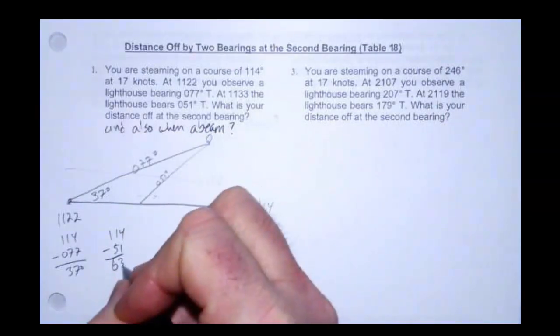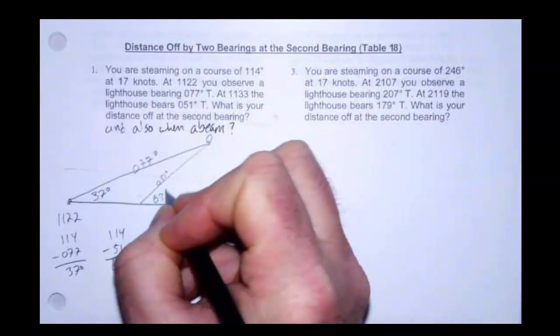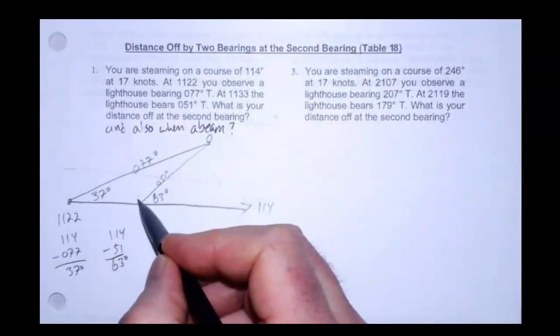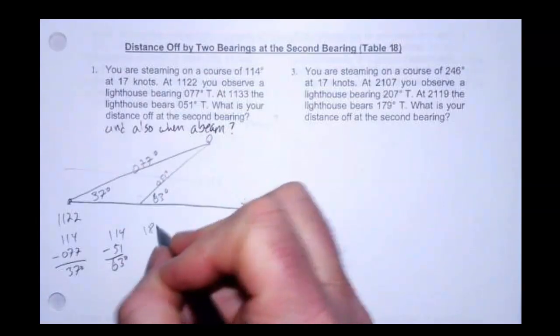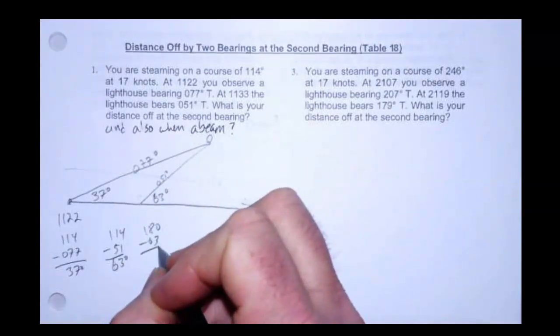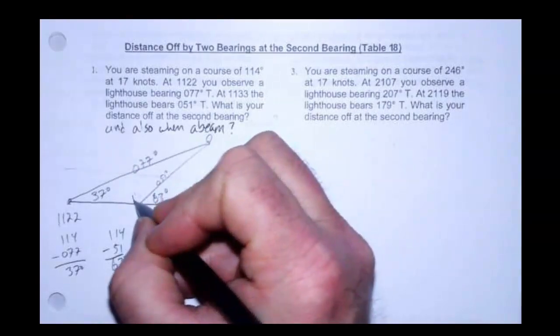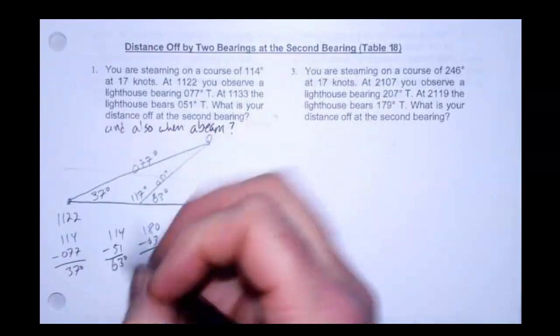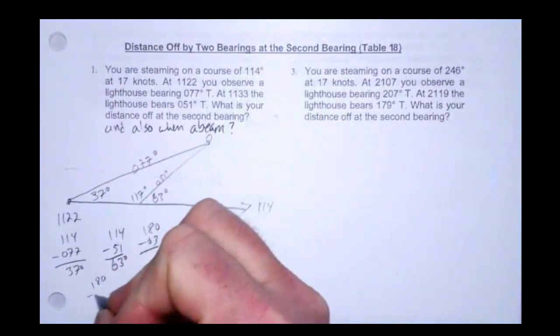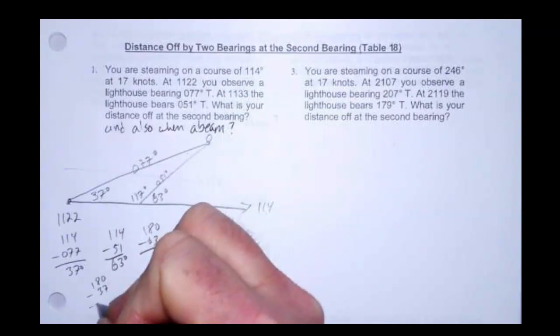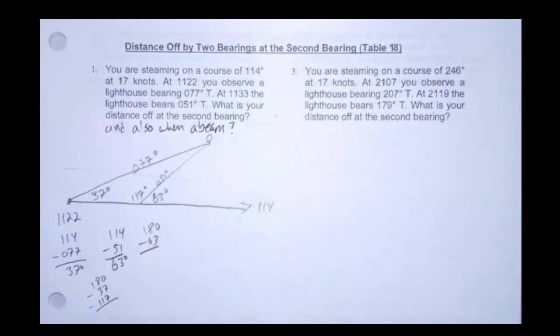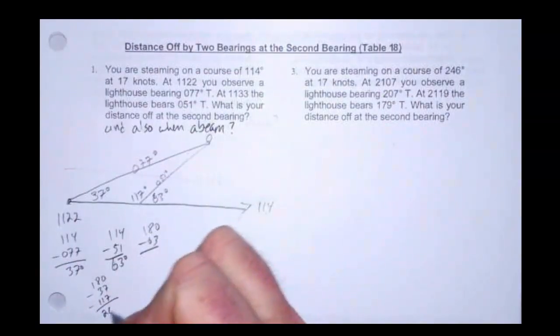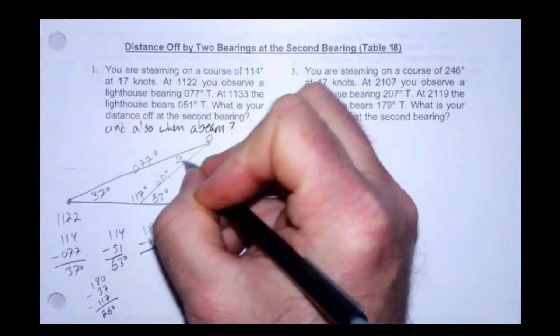That makes this angle right here 180 minus 63, which turns out to be 117 degrees. Now I need to figure out this angle. I'm going to do 180 minus 37 minus 117, and I should get 26 degrees. Great, so now that's 26 degrees.